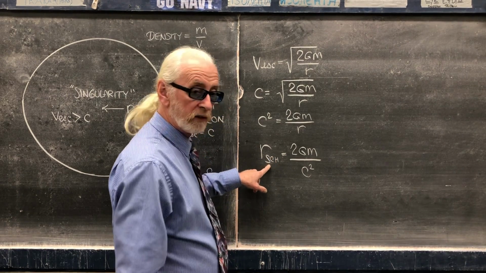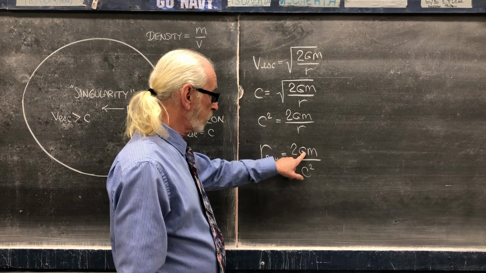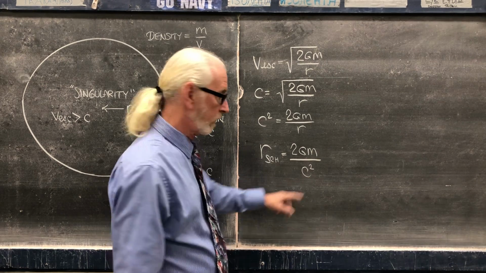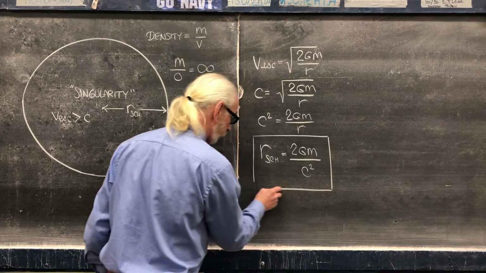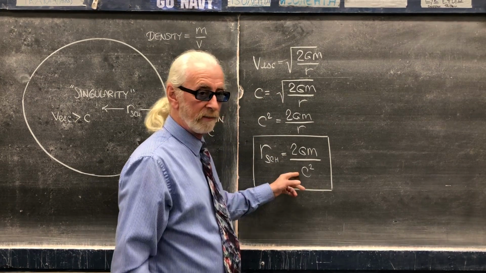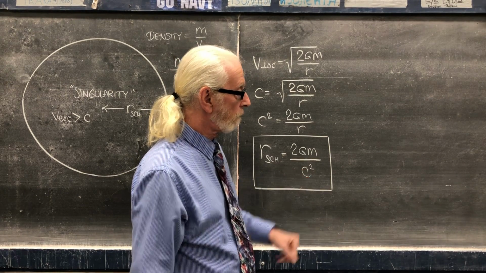The Schwarzschild radius of a black hole is equal to 2 times the gravitational constant times its mass divided by the square of the speed of light. You're going to want to remember this one. You will see it again.